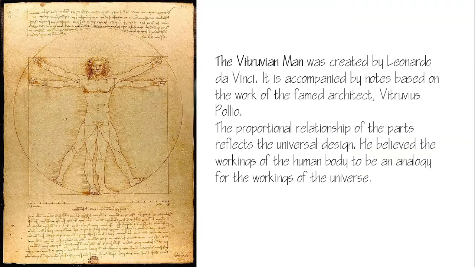So this is the Vitruvian Man. Gidraw ni siya, which was created by Leonardo da Vinci, but it was patterned or based on the work of Marcus Vitruvius Polio. So Marcus Vitruvius Polio was a Roman architect, an engineer, and an author as well.